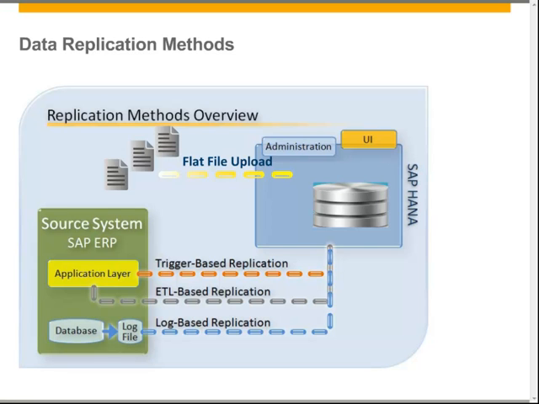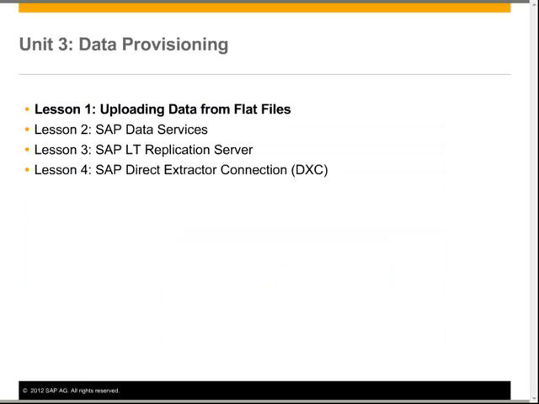We could have ETL-based replication, scheduled replication within intervals. We also have log-based replication, which could be real-time. So these are different types of technologies. Let's start looking at how we would go about uploading data from a flat file, probably the simplest way of putting any type of data into HANA.